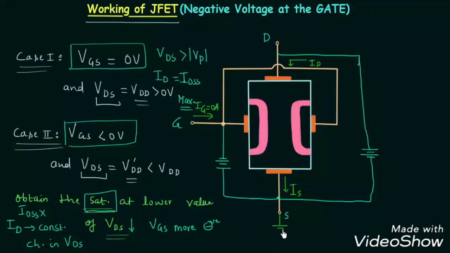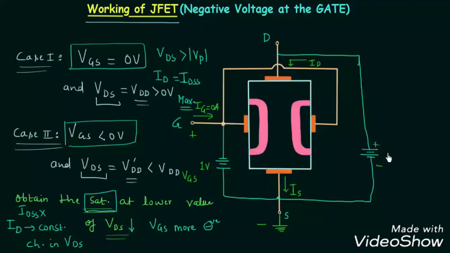I will connect the source to the ground. So this is the circuit, and let's say VGS is equal to -1 volt. So this battery here will have voltage equal to 1 volt. Because of the polarity, VGS is equal to -1 volt.